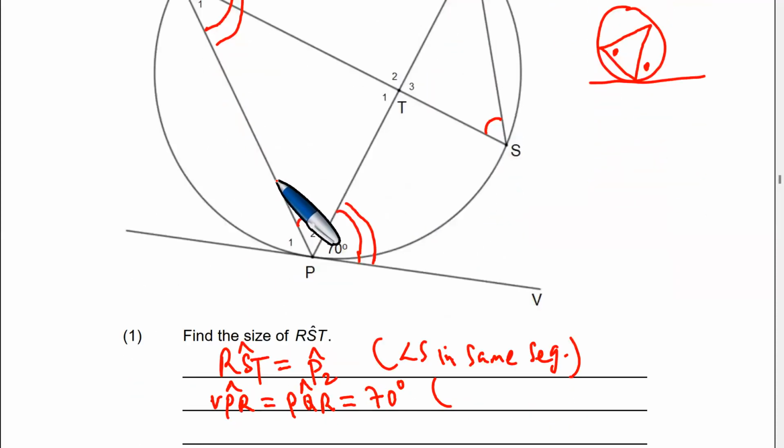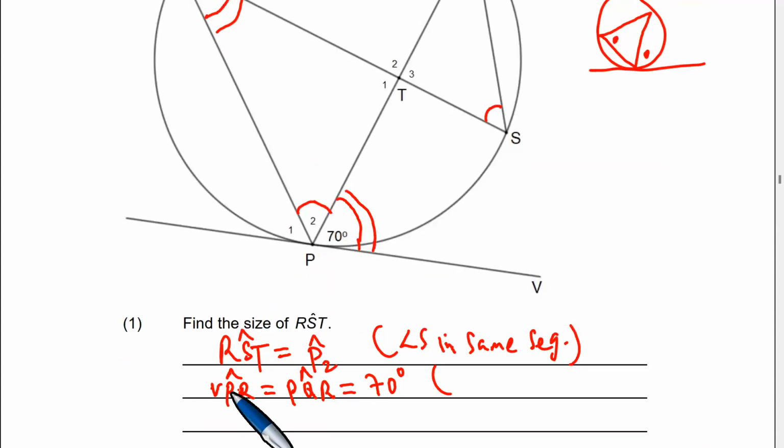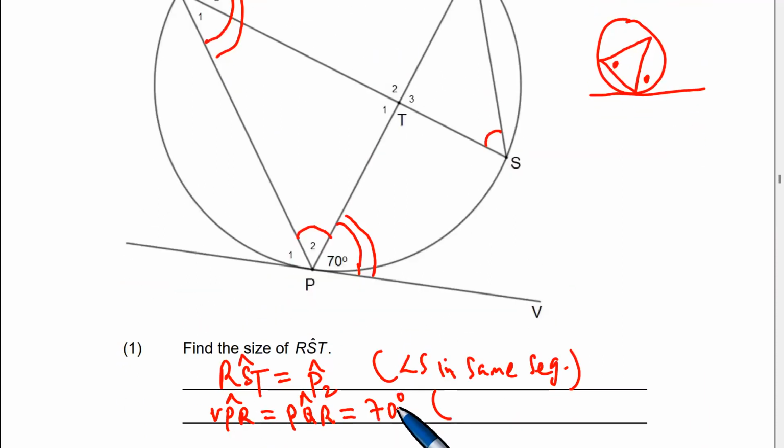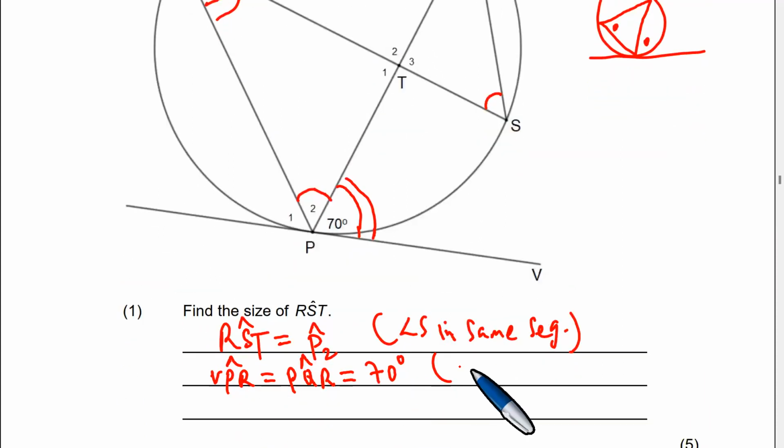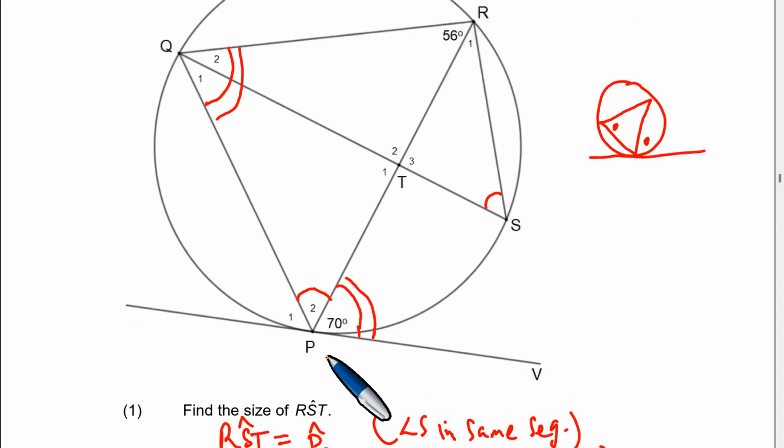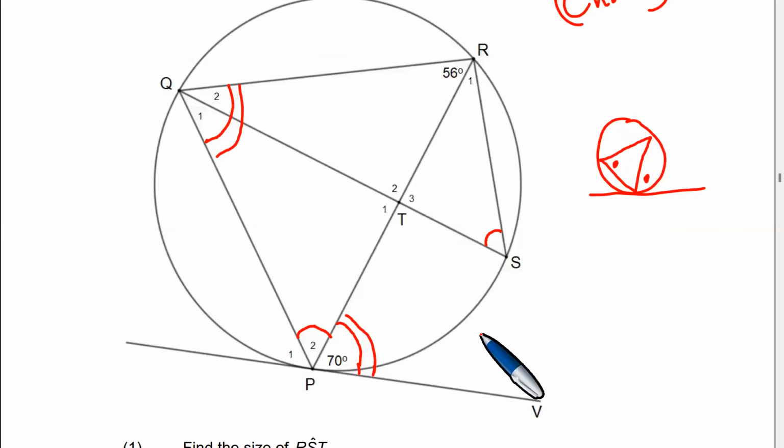Therefore this is the case because of the tangent-chord theorem. You can just say tangent-chord theorem, it's known, or you can say the angle between tangent PV and chord PR, the chord that makes that angle and subtends the angle here.